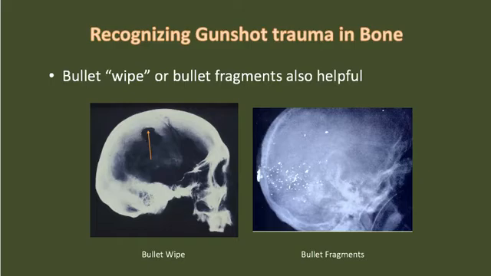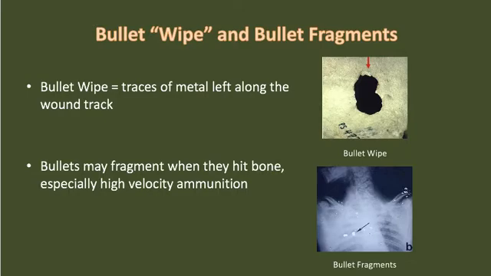And also bullet fragments, which are also going to be something that you can see better with an X-ray than you can with the naked eye. Bullets may fragment when they hit bone, especially at high velocity. So you could actually find pieces of metal from the bullet among the set of remains or lodged in other bones or what have you.